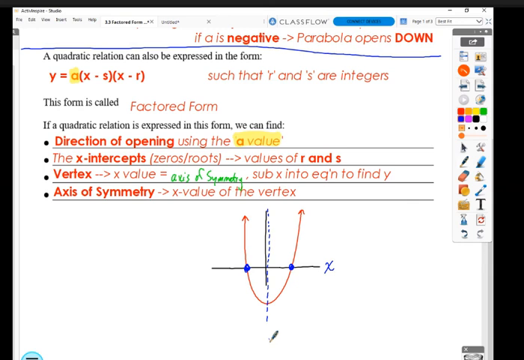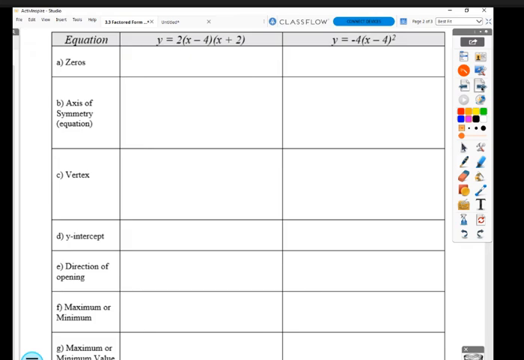And we also know that the vertex, that point right down here, that point of changing direction, lies right on the axis of symmetry. So it shares the same x value. That's why having the x-intercepts is so good, because once you have those two symmetrical points, you can almost do anything with a quadratic.